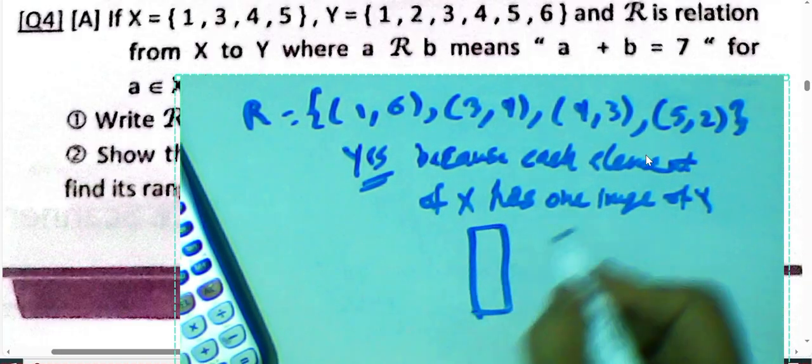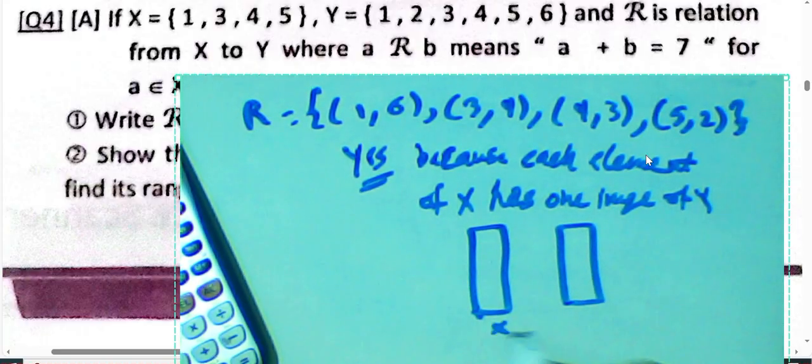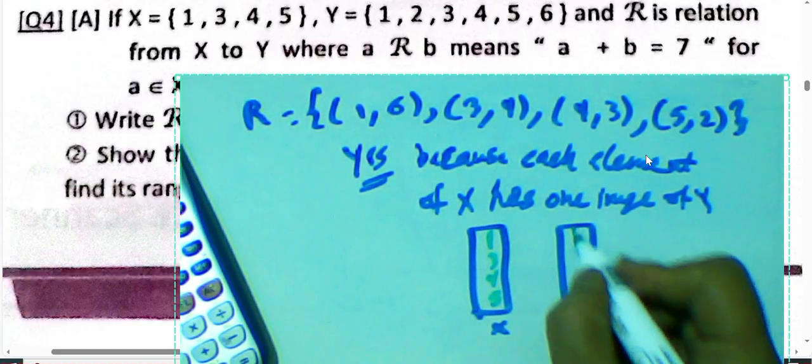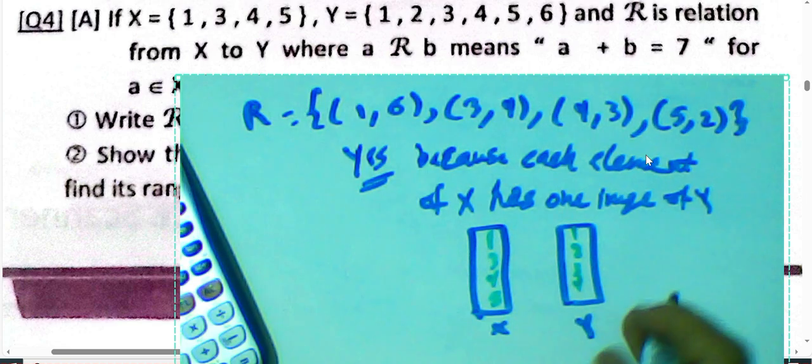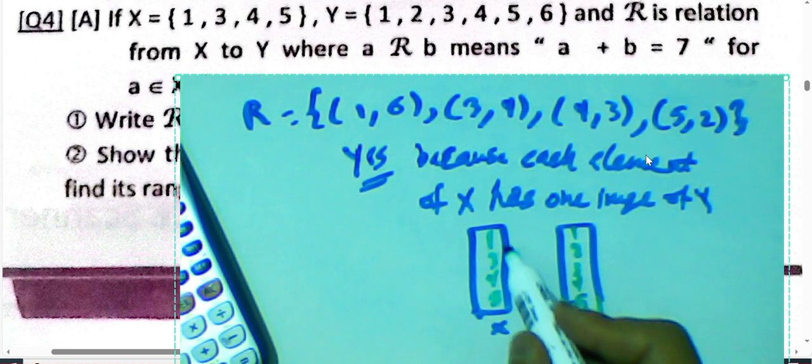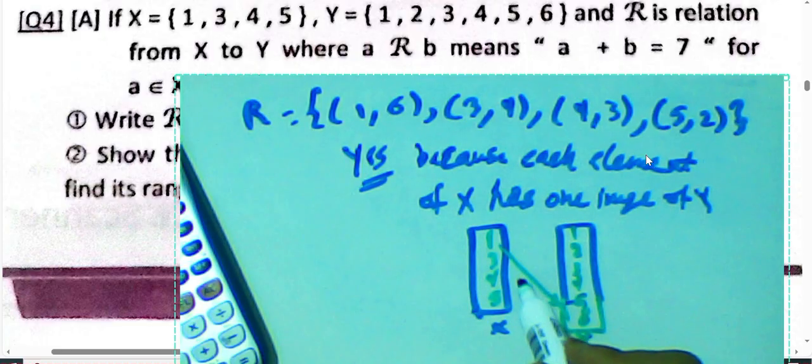First set x and second y. This x and y. Write elements of x. All elements 1, 3, 4, and 5, and here 1, 2, 3, 4, 5, and 6. Then join 1 to 6, 3 to 4, 4 with 3, 5 with 2.